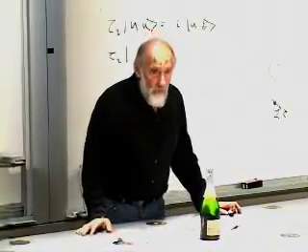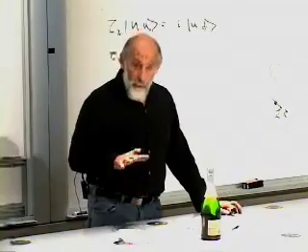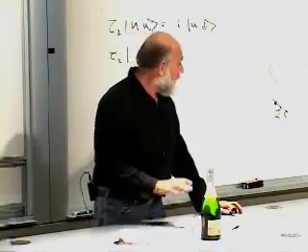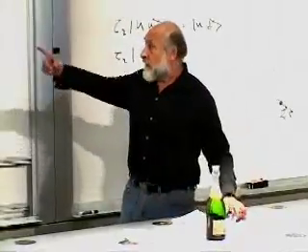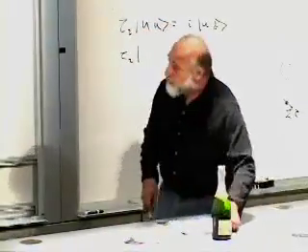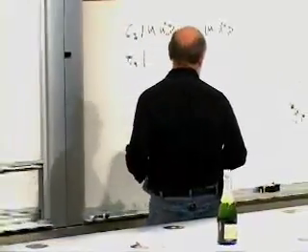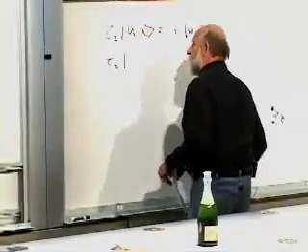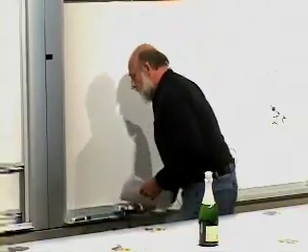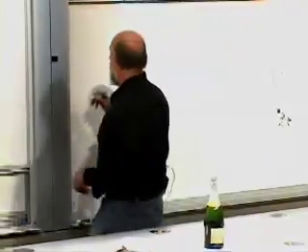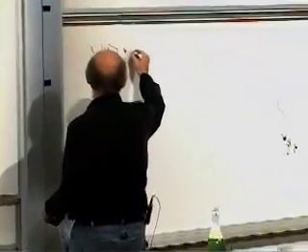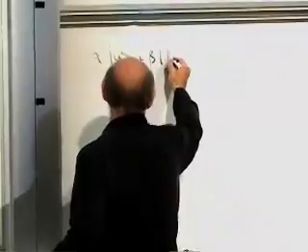But first let me tell you what corresponds to a pair of electrons, each with its own state. Supposing we put the electron number 1 in the state alpha up plus beta down.